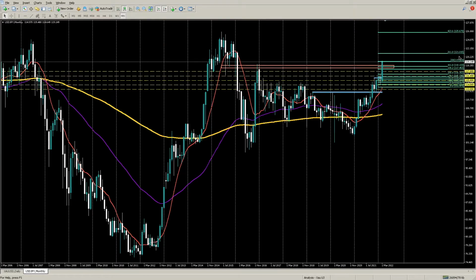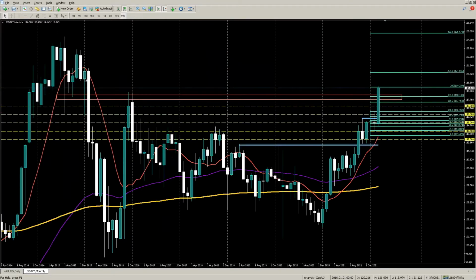The 262 is at 121. It needs to break through 120 first. 120 is going to be a key round figure, but there is a swing high area, and it's well past 121.69 here.